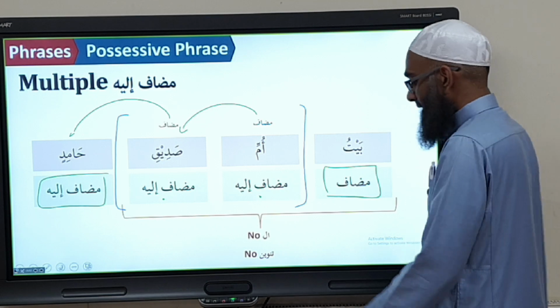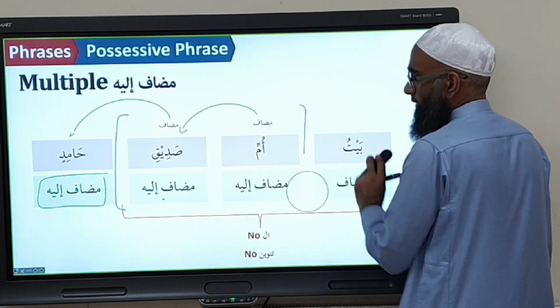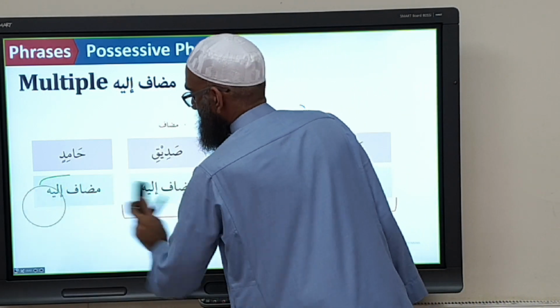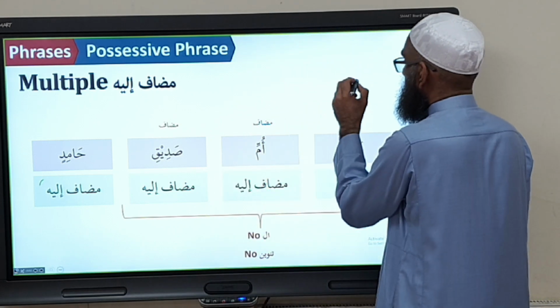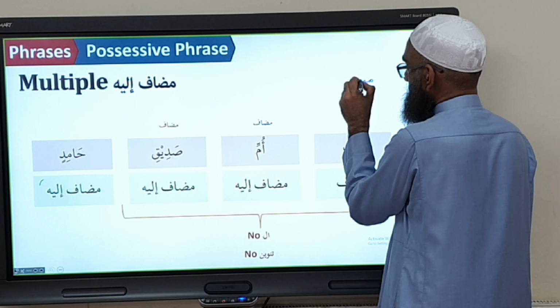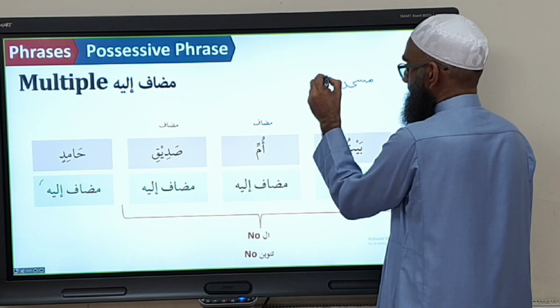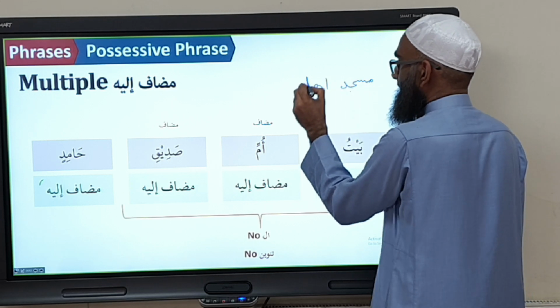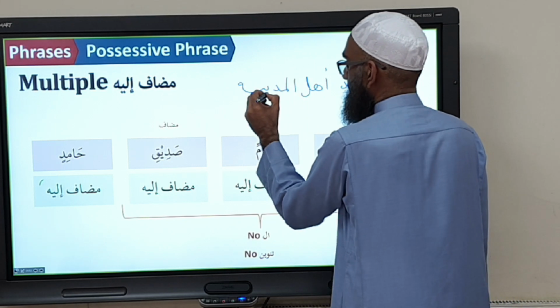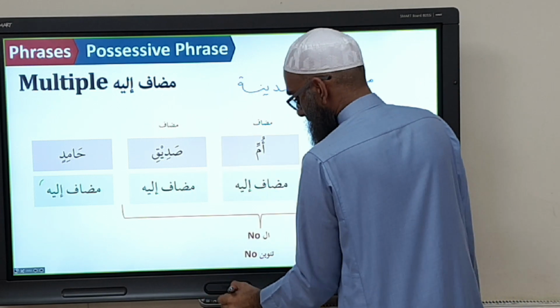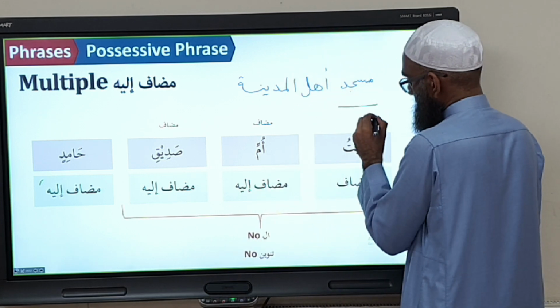Okay, so let's do another example. Let's say we have Masjidu Ahlil Medina, the masjid of the people of Medina al-Munawwara. What happens now? This is mudaf.